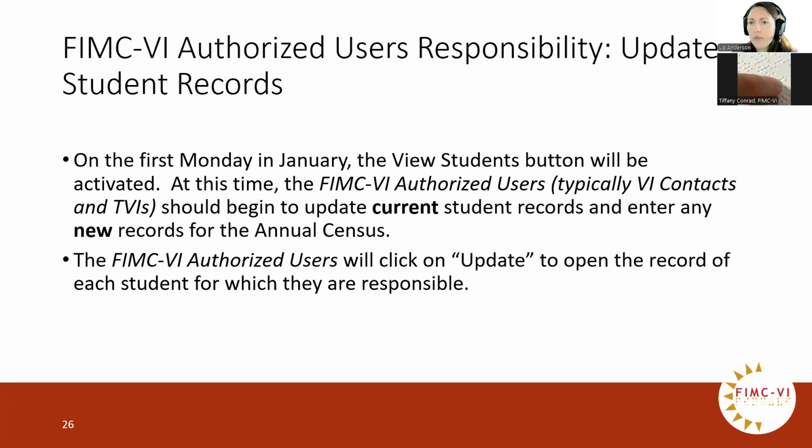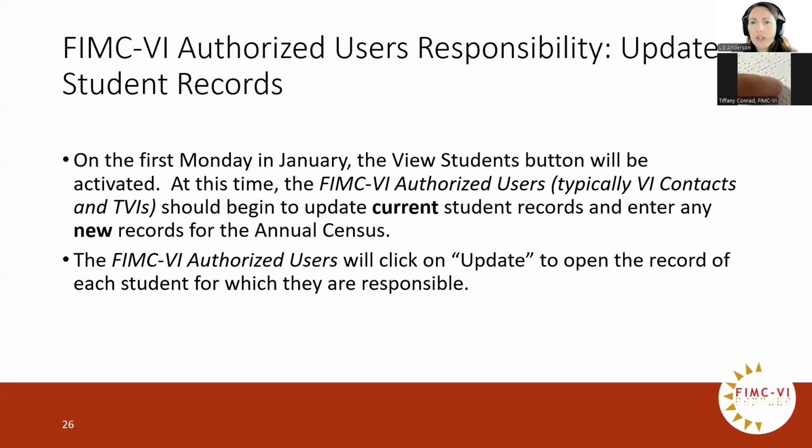So if there are students that for whatever reason weren't registered with us yet, by the time we get to annual census, you still have the ability to go in and register them. Do remember though that you can register students with us anytime. You could register students with us right now if you wanted to. It's just during the annual census process, you're adding them, and then we do kind of lock things down a little bit to help us make sure that we're not adding duplicate student records into the system.